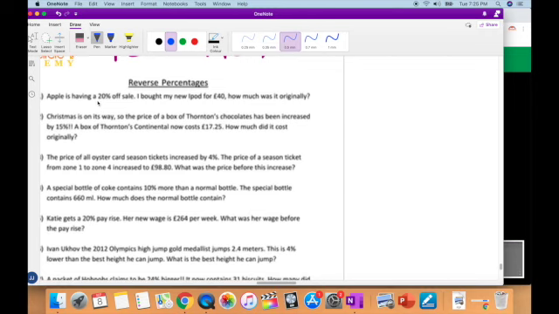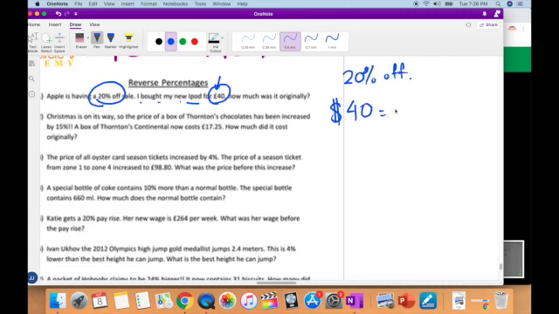Apple is having a 20% off sale. So I'm getting 20% off. My question is, I bought my new iPod for $40. They have pounds here, but let me call it dollars. So $40 is what I bought it at.